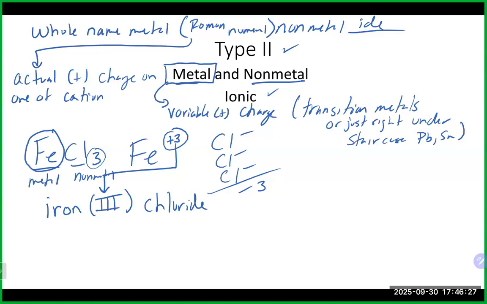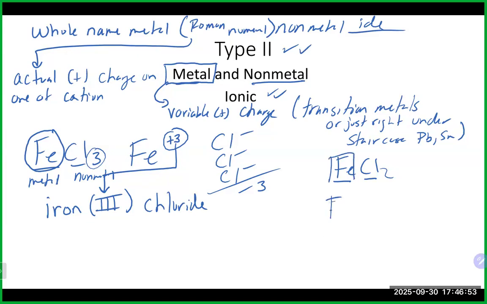Again, the additional thing you have to do is figure out what the charge is on the metal, but you can always figure it out based on what it is attached to. Any questions? Now, why do we need the Roman numerals? Let's say we have FeCl2. Same idea: metal and non-metal tells us it's ionic, and iron tells us it's a type 2.